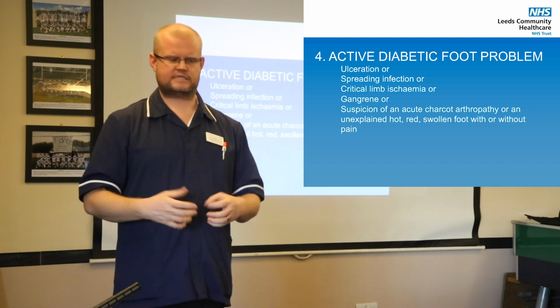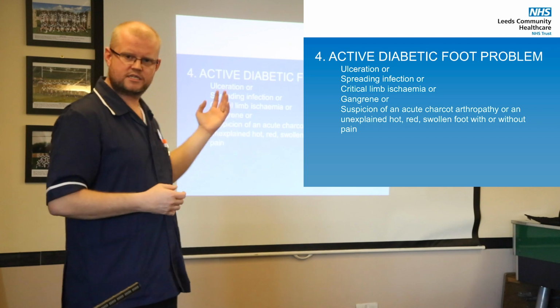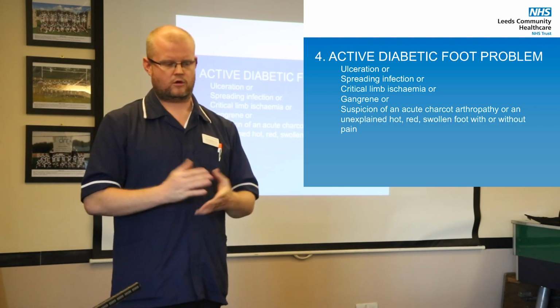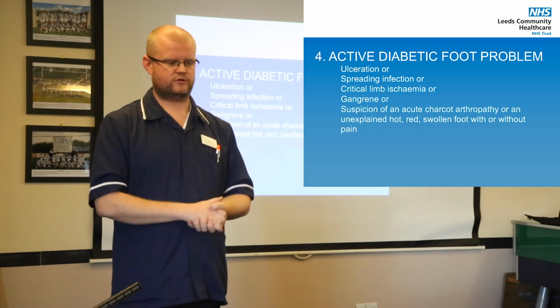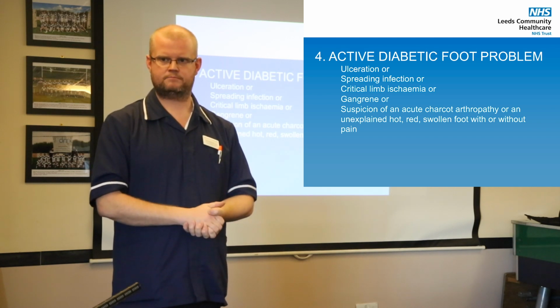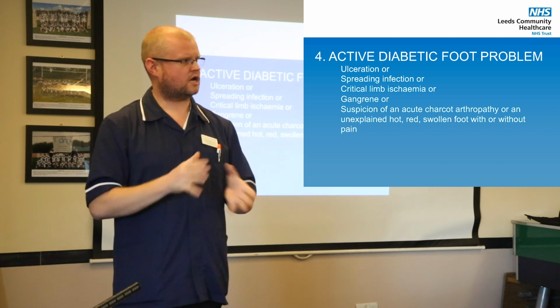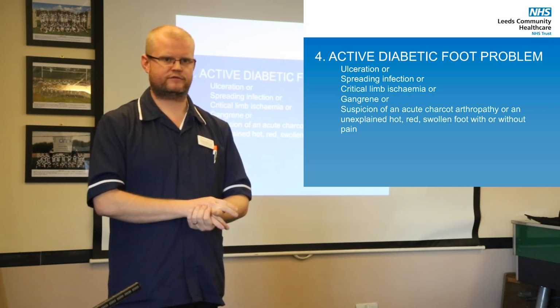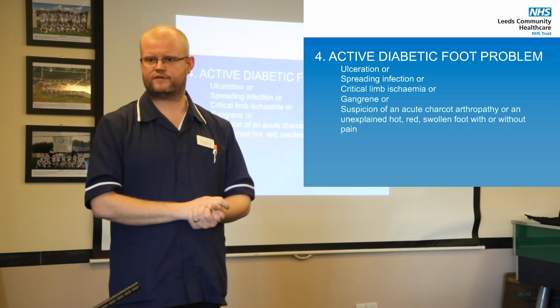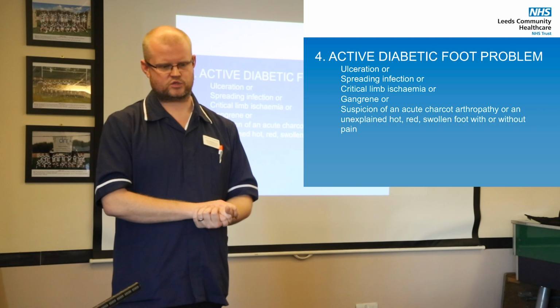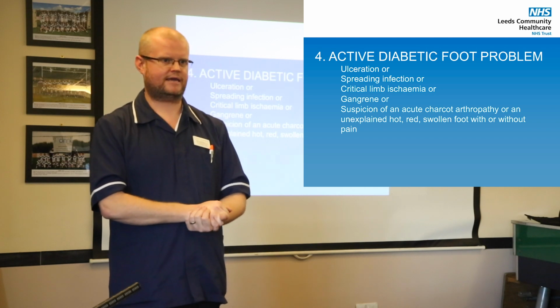In those instances, or if you suspect that a patient has a Charcot, a red, hot, swollen foot, with or without pain, we would always recommend a direct referral to the diabetic limb salvage service, followed up with a phone call. In the instance of these patients, we would want them seeing ASAP.